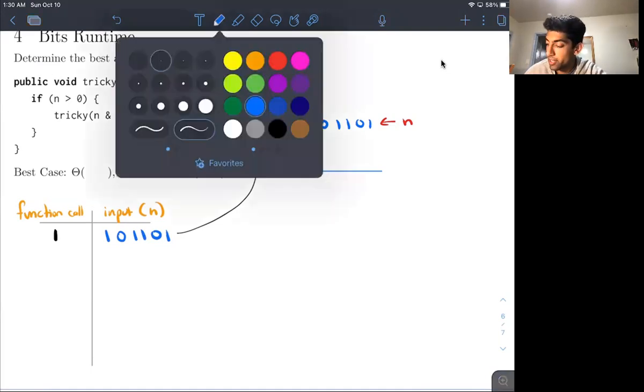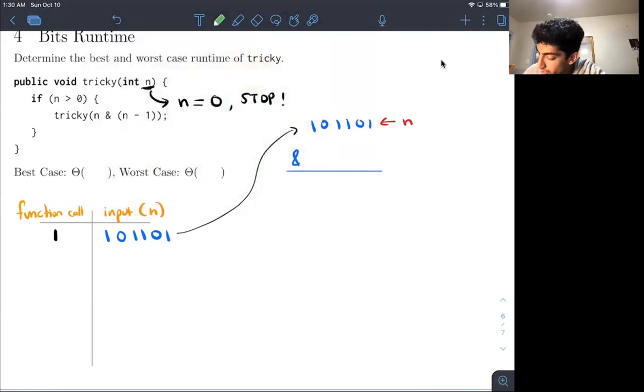So this number in binary is 1 plus 4 plus 8 plus 32, right? So this number in decimal is actually going to be 45.